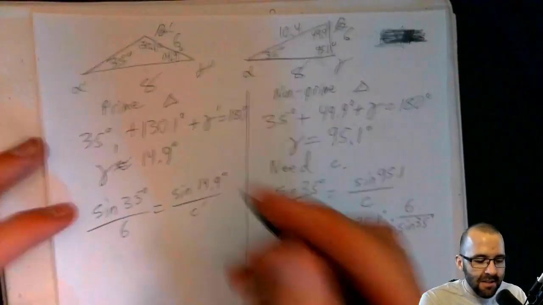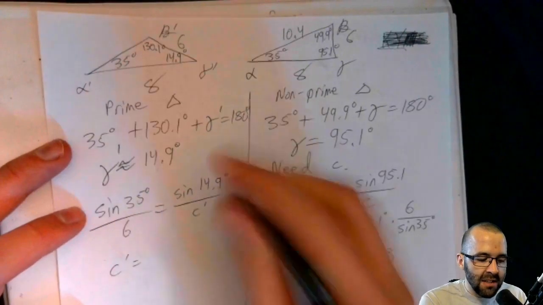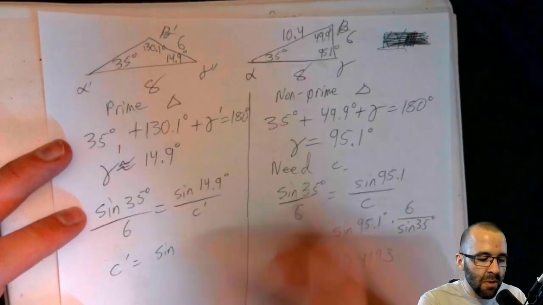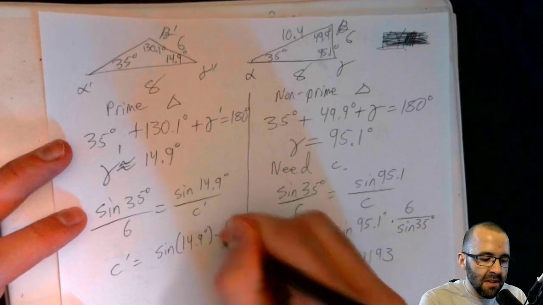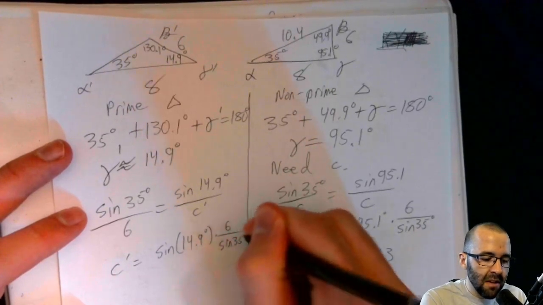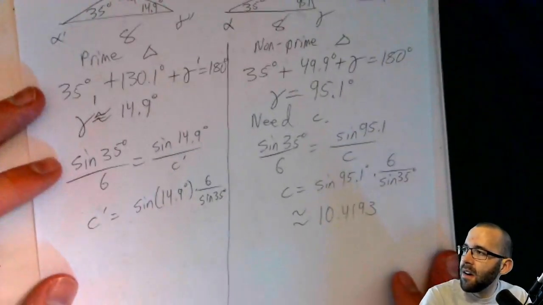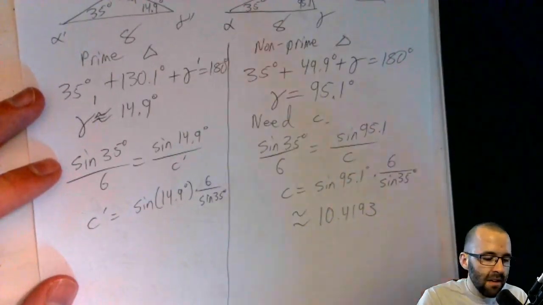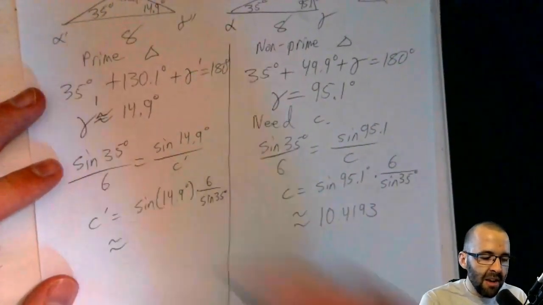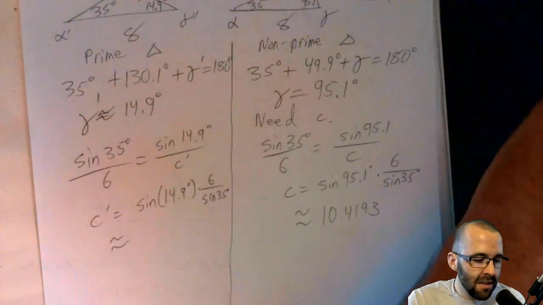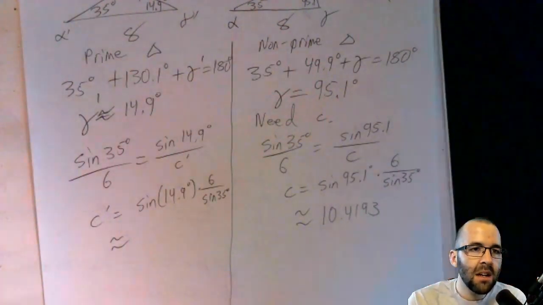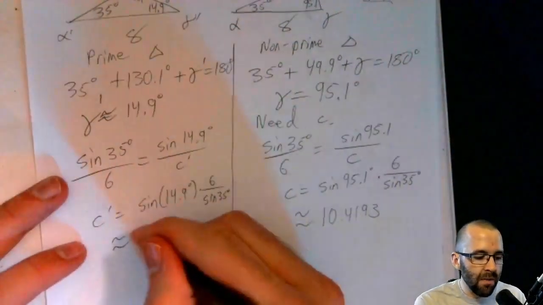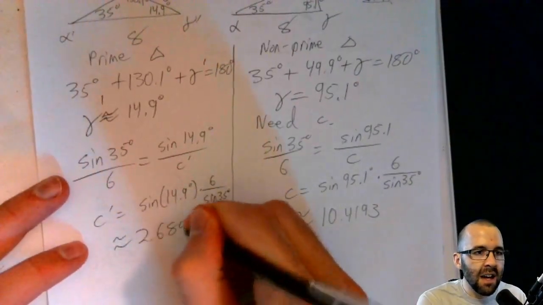And you just solve this the same way you solved it before. You can get C prime is equal to the sine of 14.9 degrees times 6 over the sine of 35 degrees. Type that into your calculator. You get an approximate answer, about 2.6898, or about 2.7 for C prime.